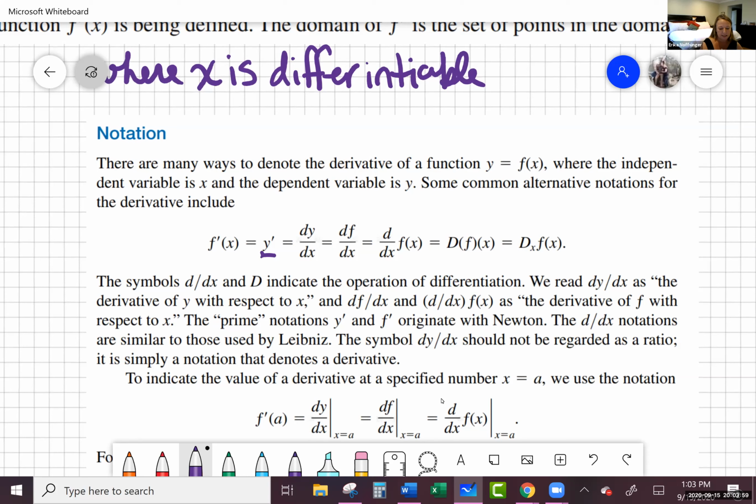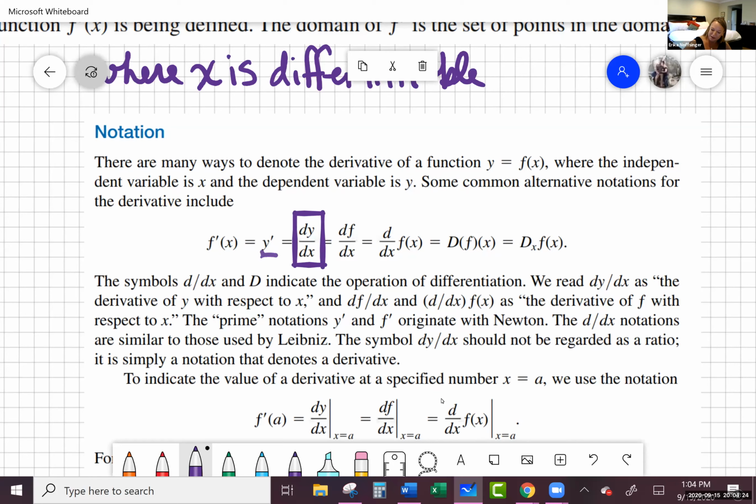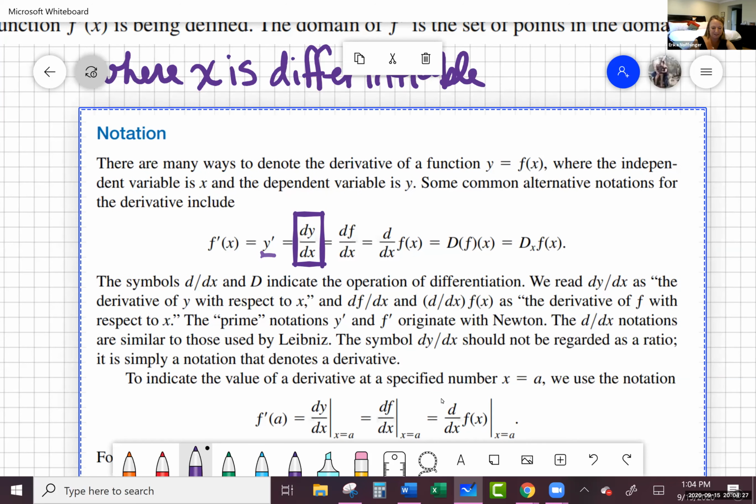Or dy over dx, which we'll be using sometimes for sure when we're looking at the chain rule or implicit differentiation later on in the course. df over dx, d over dx of f of x, or capital D of f of x, or capital D with a subscript x of f of x.